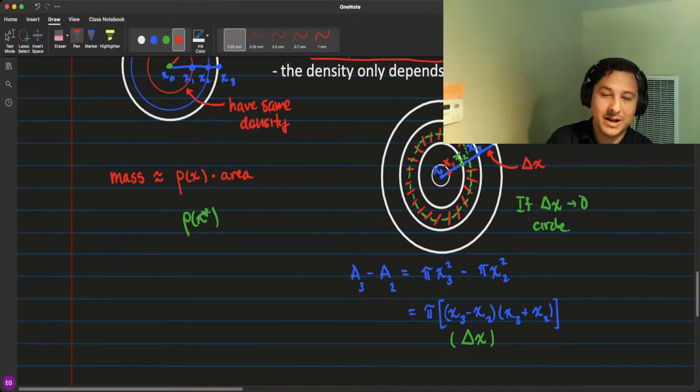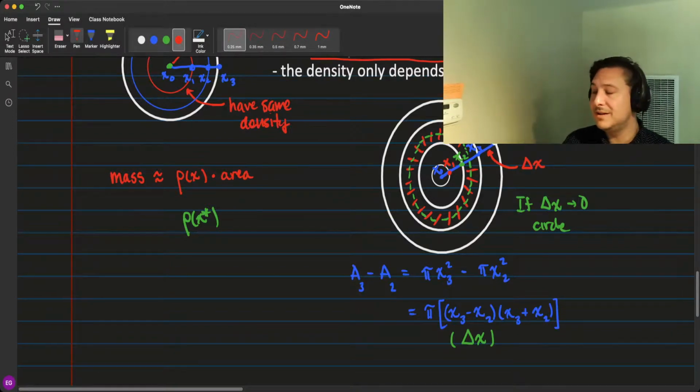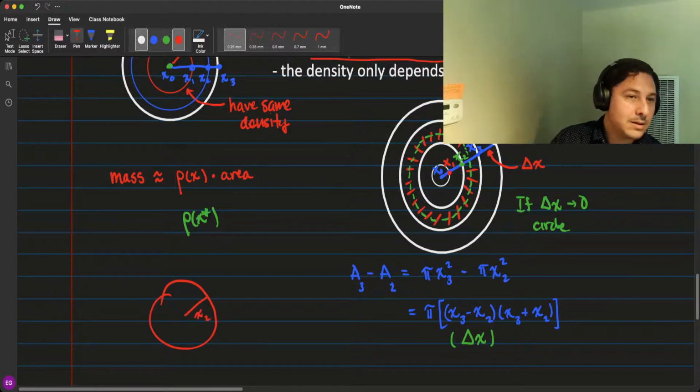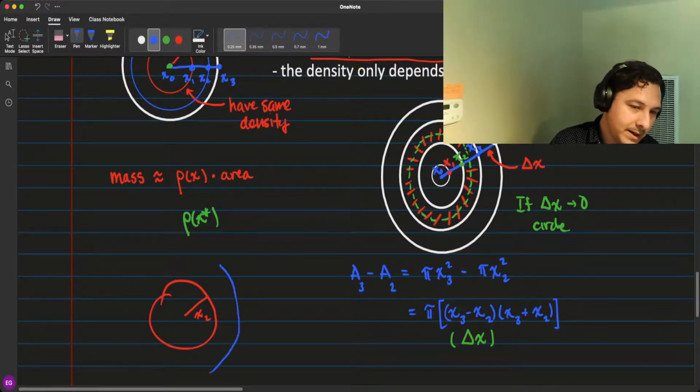Now, this one over here, x3 plus x2, is equal to something else. So I'm going to draw the picture so you can see it. Here's my circle with radius x2, and here's my circle with radius x3.